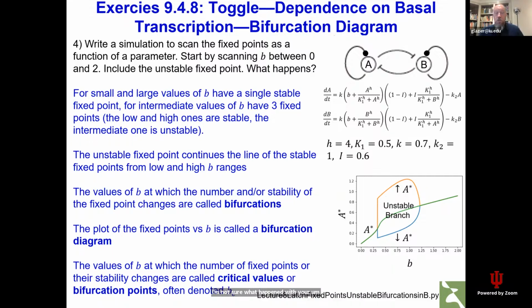The time reversal will work. So why don't you, now that you're using the initial values equal to each other, now try doing the time reversal and see if it gives you that unstable branch. Okay.